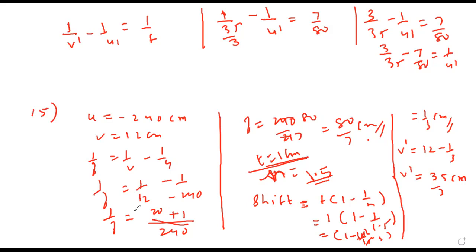Now just simplify this if you can. Directly cross multiply and then take decimals. 80 into 3, 7 into 35 directly you can do.